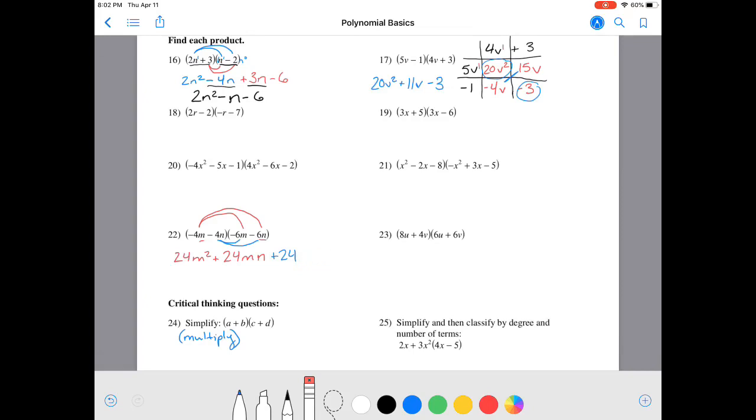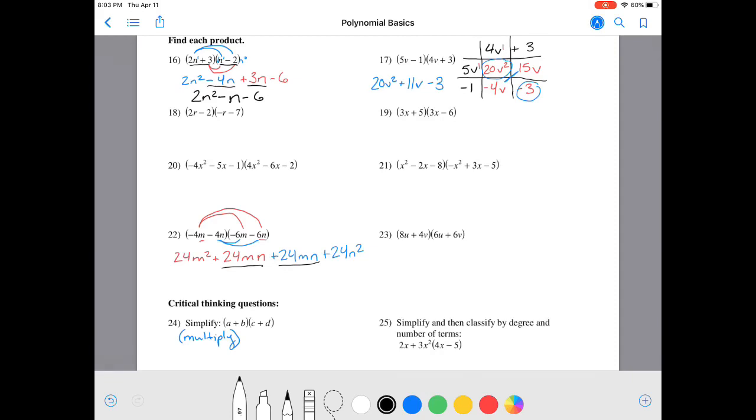Although when we write our variables out in algebra, we usually put them in alphabetical order. So we can put that as mn as well. It's okay to change the order of the variables because multiplication is commutative. So then we're going to do negative 4n times negative 6n and get 24n squared.